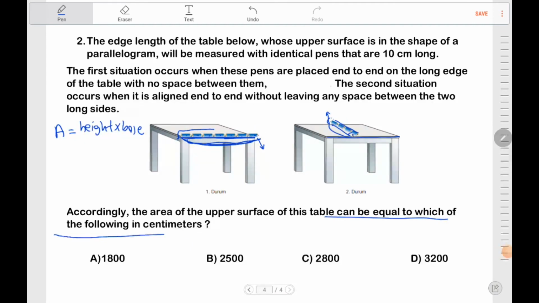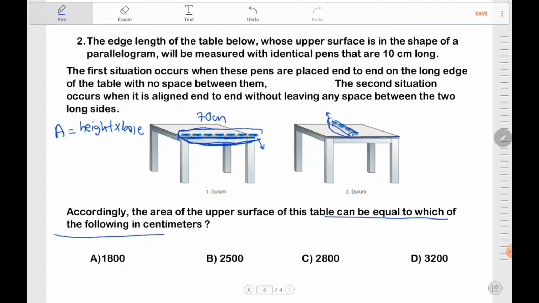So, in this situation, the measure of all these pens is our length. There are 1, 2, 3, 4, 5, 6, 7 pens here. One pen is 10 centimeters long. So, 7 pens is 70 centimeters long.